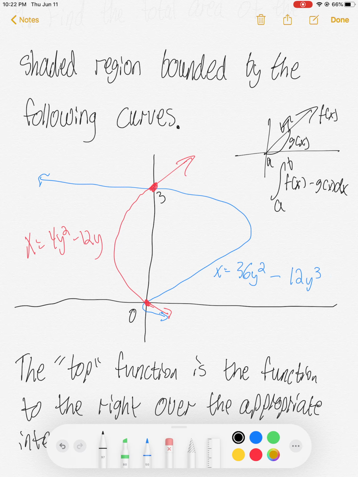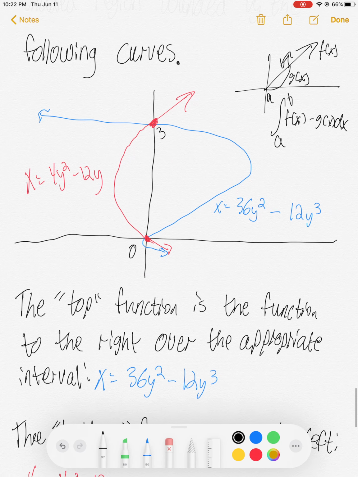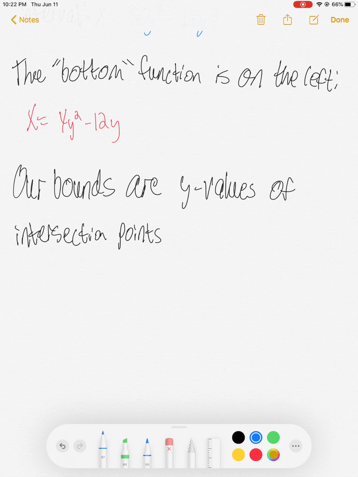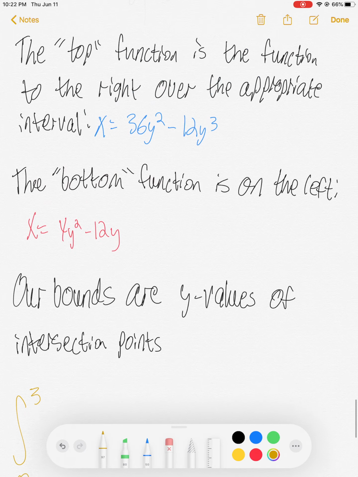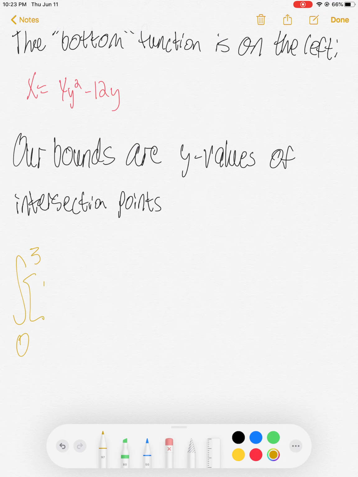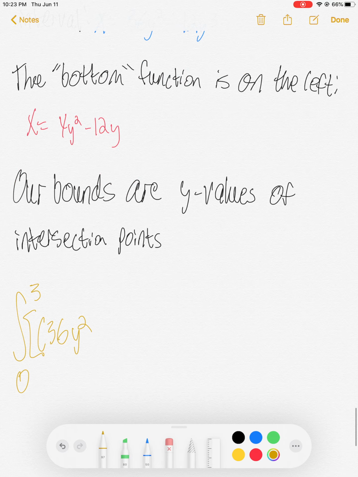Here, our bounds will be the y values of the intersection points. Okay, so in this case, we can see that our lower bound is 0 and our upper bound is 3. All right?